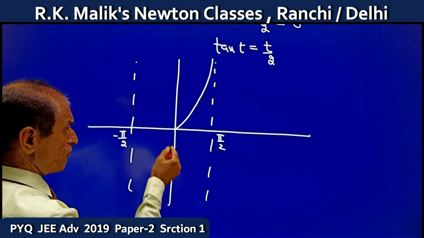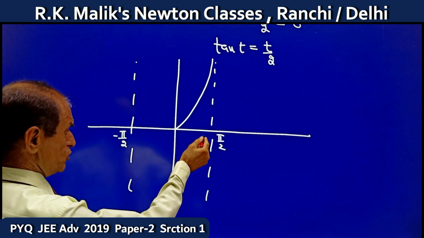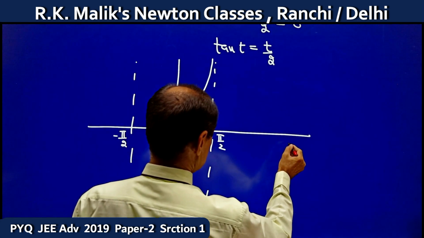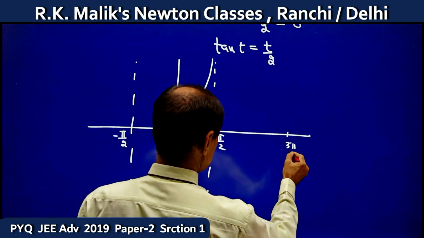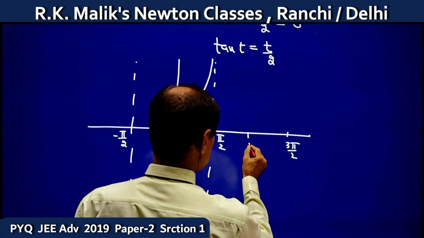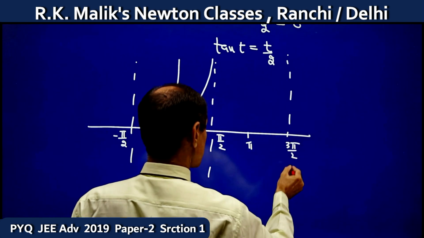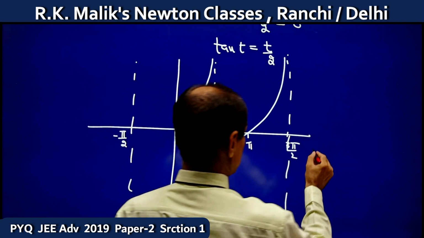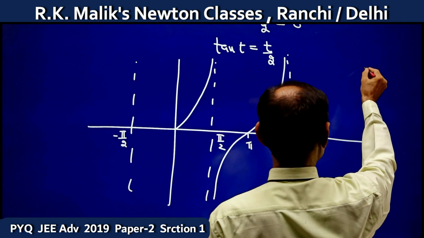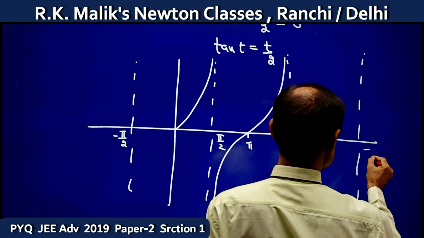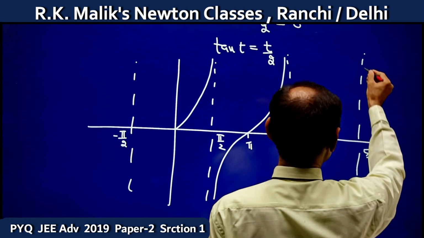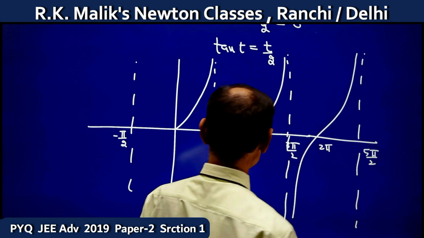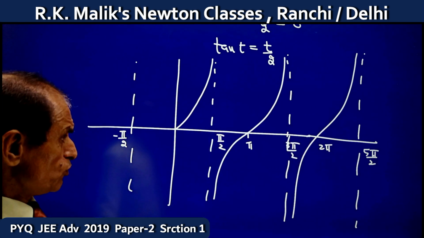This is a part of the graph in 0 to pi by 2, and then next will be 3 pi by 2, pi, 5 pi by 2, 2 pi, and so on.